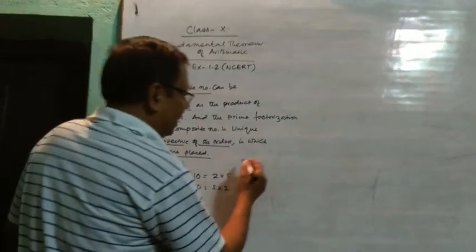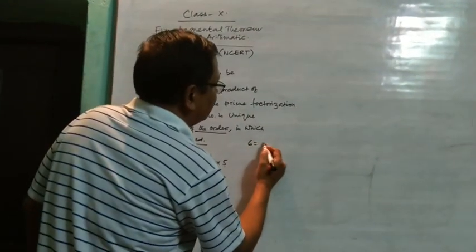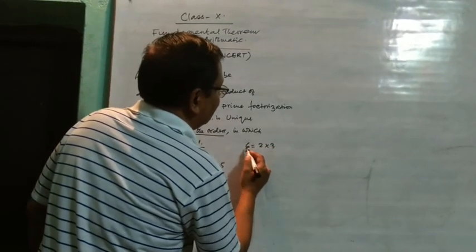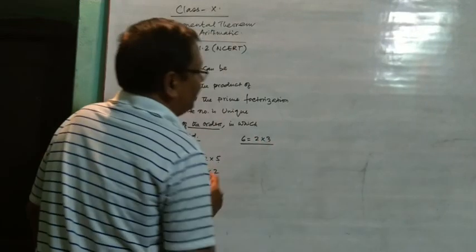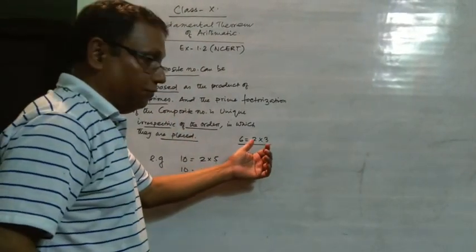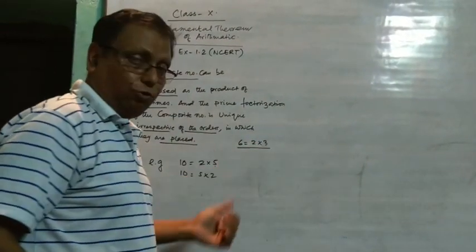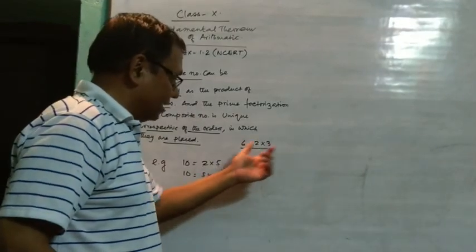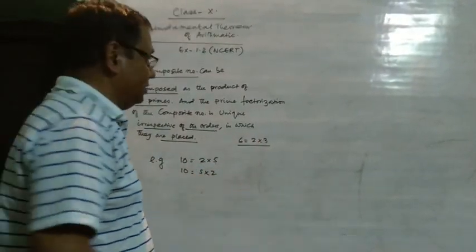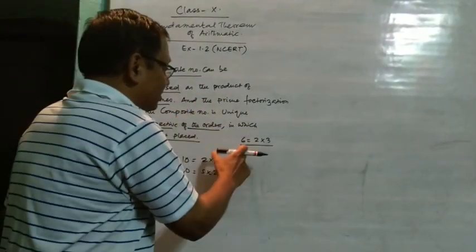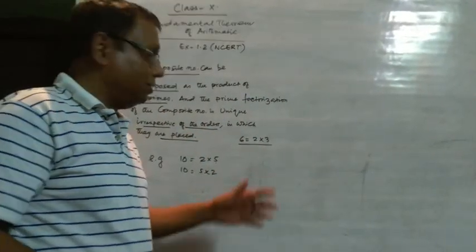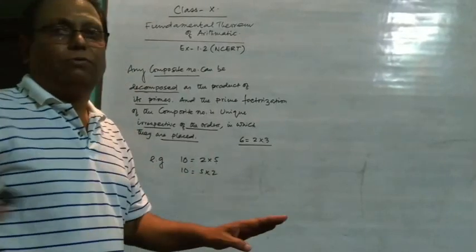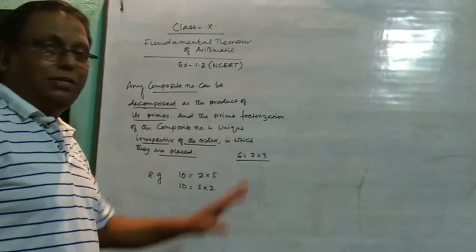We are taking another number, 6, 2 into 3. 6 is a composite number. It can be split as the product of 2 and 3 by the prime factorization method. And the prime factorization of this composite number 6 is unique. 6 will always have two prime factors, that is 2 and 3.